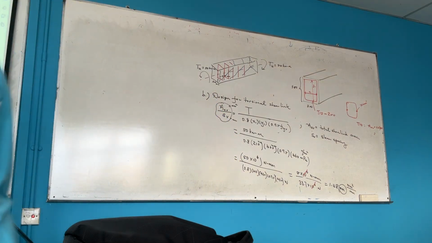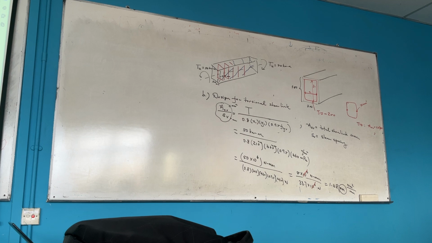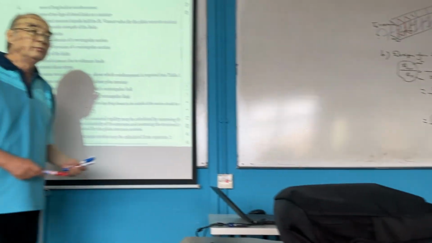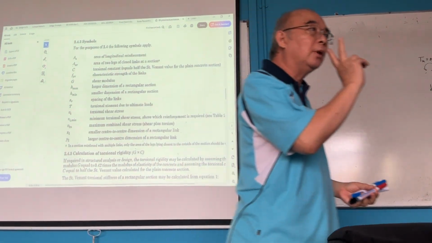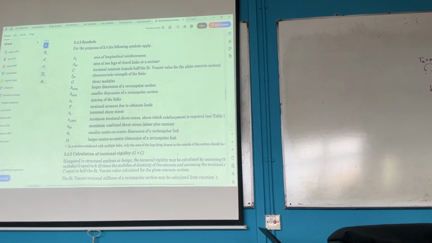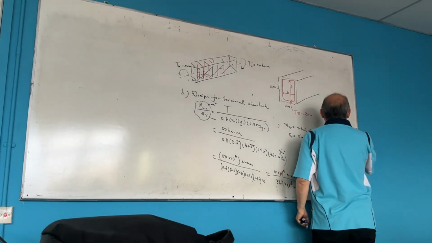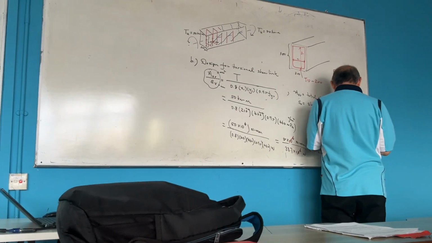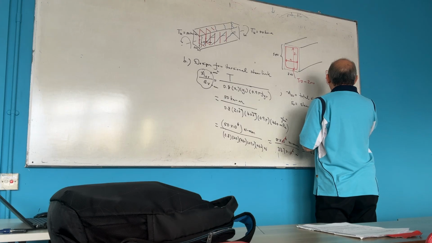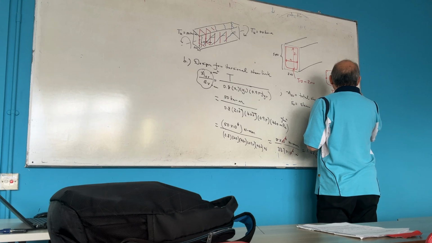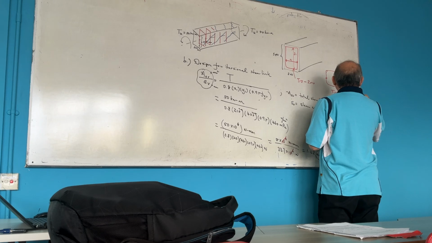Okay, look here. ASV, area of 2 legs of closed link at the section. Not just one leg, 2 legs. So let me rewrite. T10, the area is equal to 78.4 millimeter square.